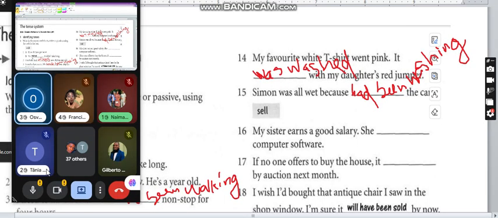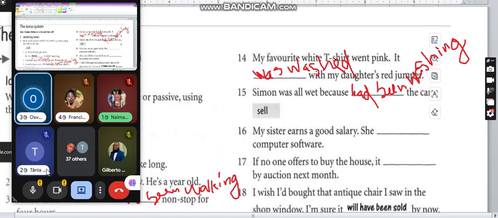I just want to add that we use the present simple for regular actions, activities, and jobs as well.